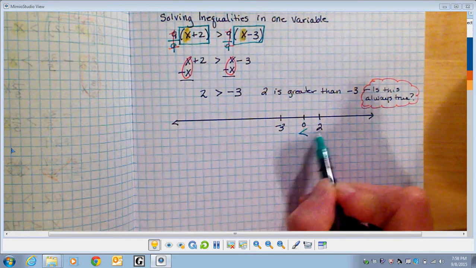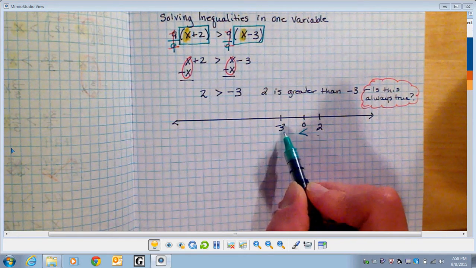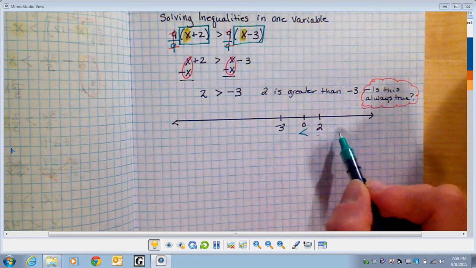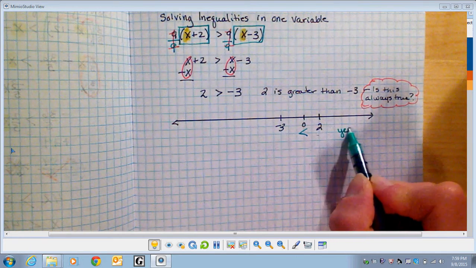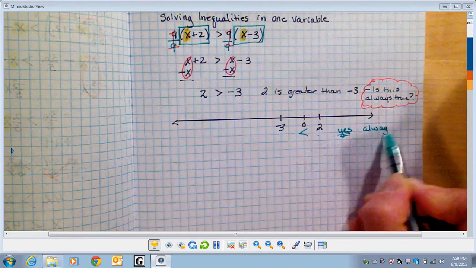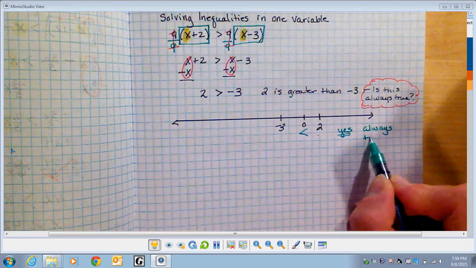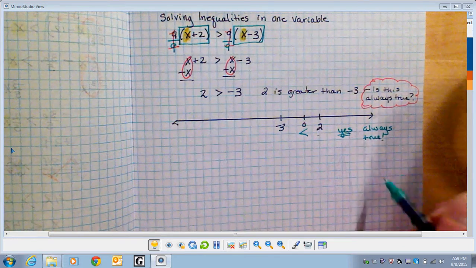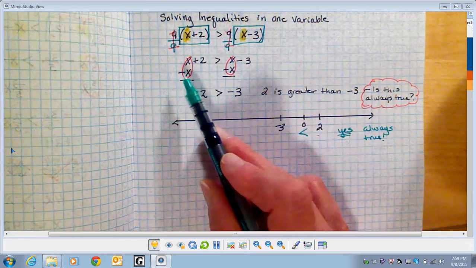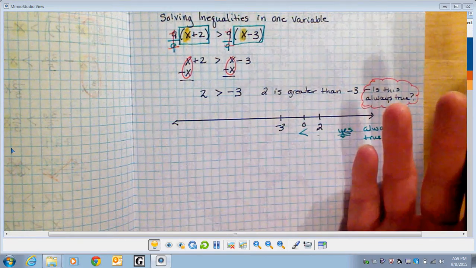So the question is, can I do this? Is 2 bigger than negative 3? Is negative 3 smaller than 2? The answer is yes. This is always true. Because it's always true, it means it doesn't matter what value I use for x.